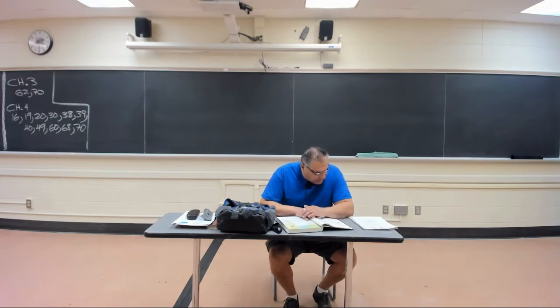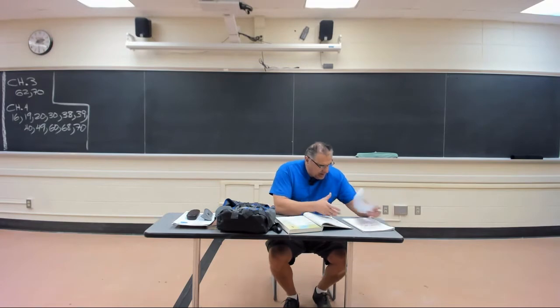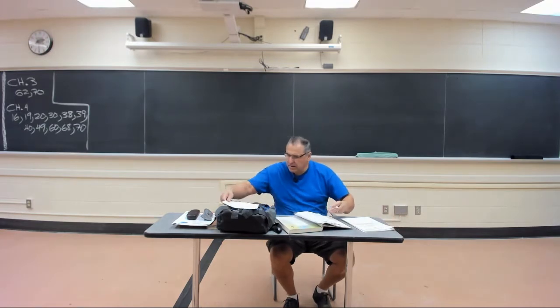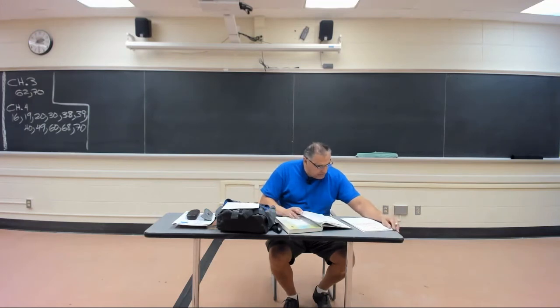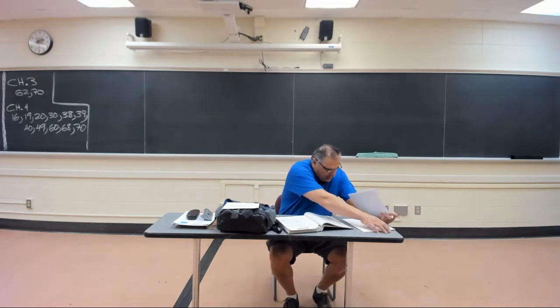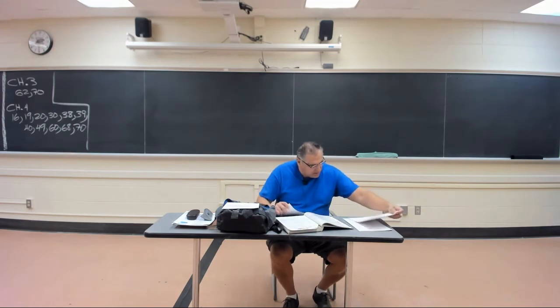Let's see what we can say. For problem number 62, they are saying, let's see here. Okay, there's different things I was told here. Forgive me here. There it is. All right.